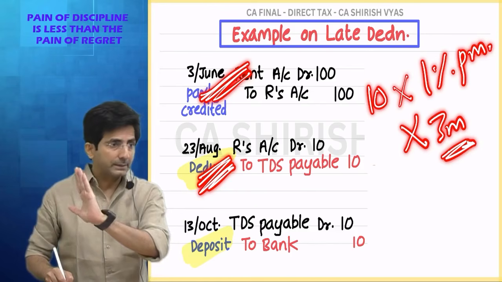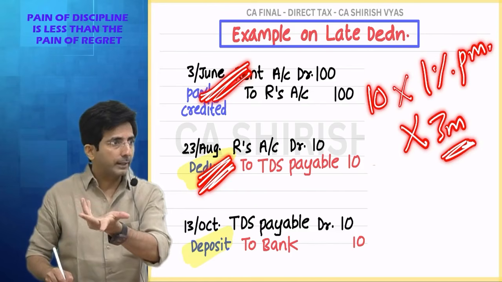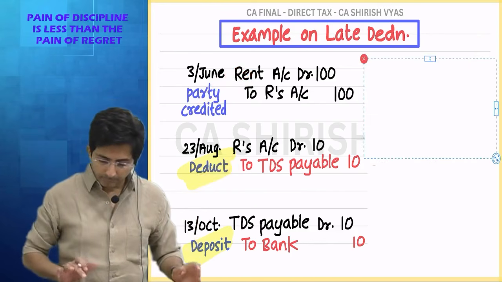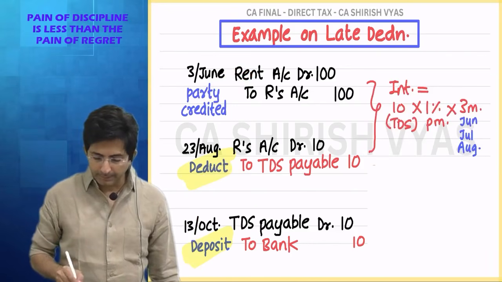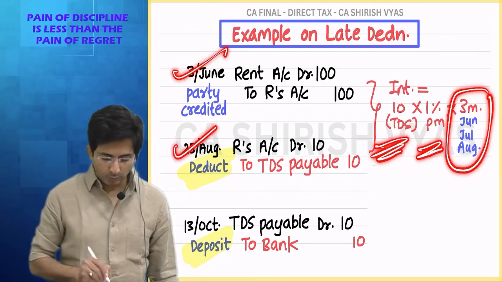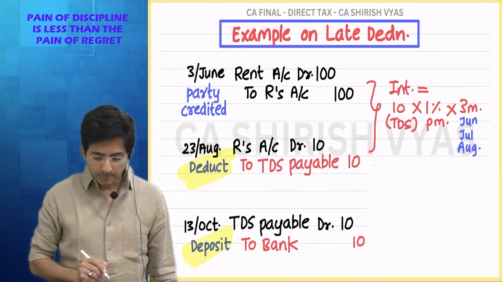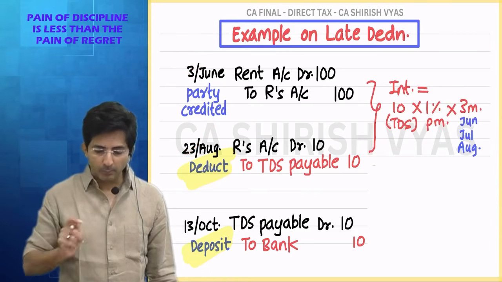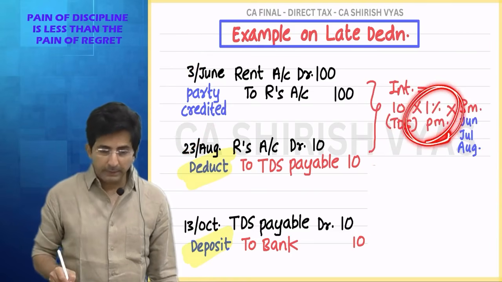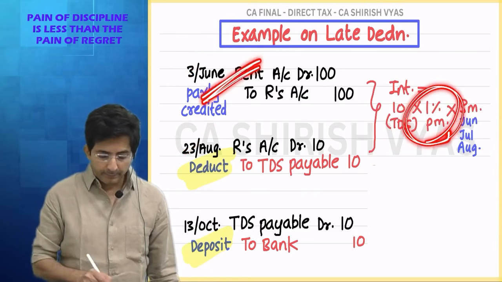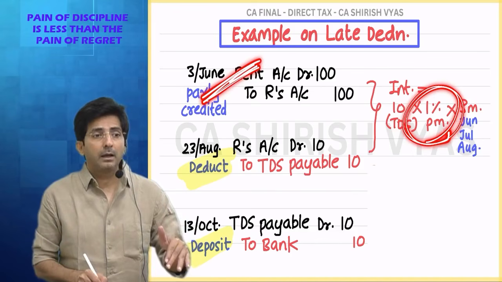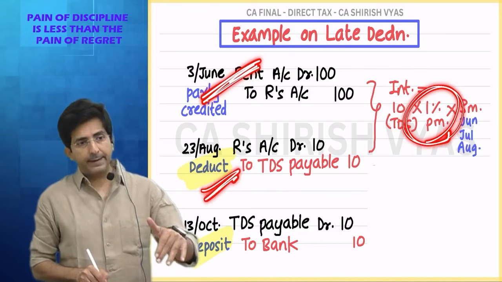Keep late deposit aside, because it has a different rate of interest. Okay. See the calculation. 10 into 1% per month into 3 months, that is June to August. Okay. See, in the act, they have given a formula. 1% will run from the period when the TDS was deductible up to the date when deducted.